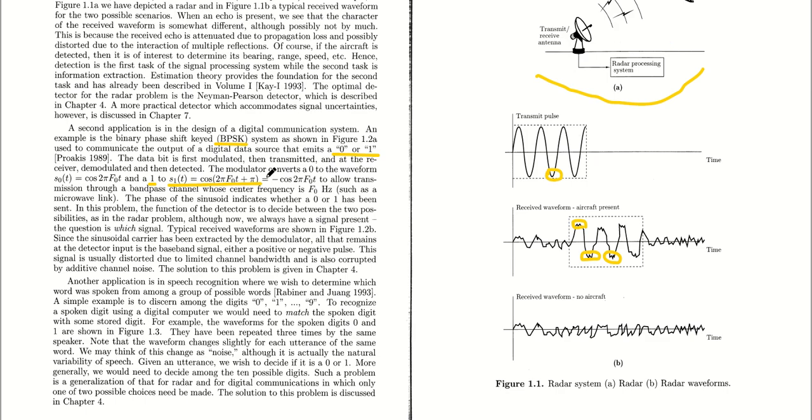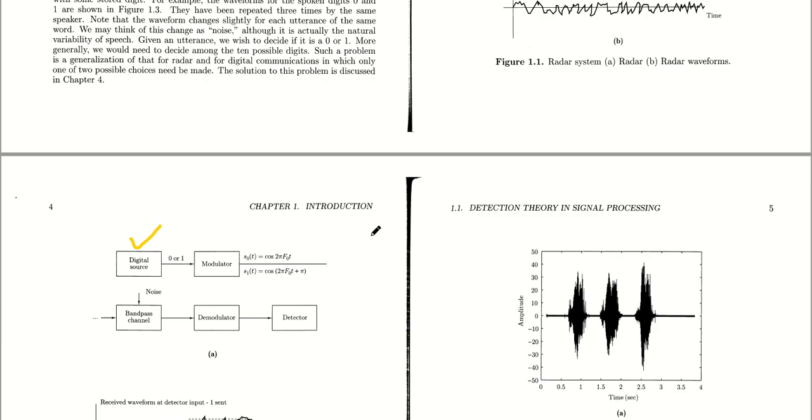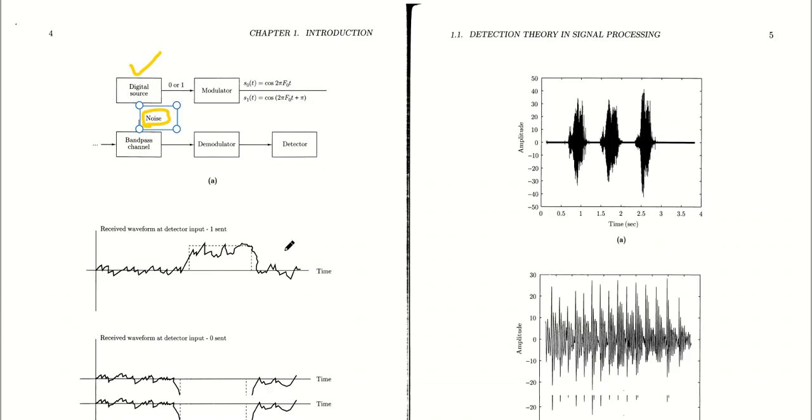If we recall, it's something like here, you have a minus sign if it's a pi difference. Pi difference is a 180-degree difference. Then noise is added, and then it goes to the bandpass filter, demodulator, and detector.